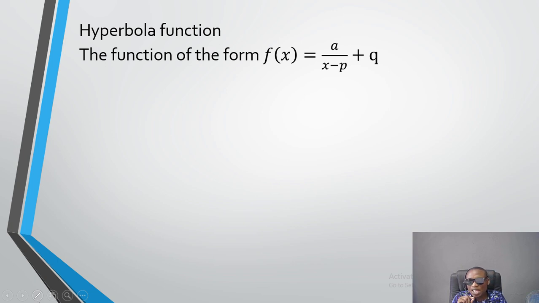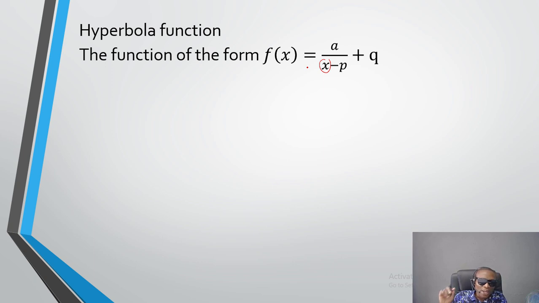What you have to spot very carefully is that the variable x is the denominator. Whenever x is underneath on the fraction, whenever x is the denominator, you know that we are dealing with a hyperbola function. So hyperbola functions are in this form.